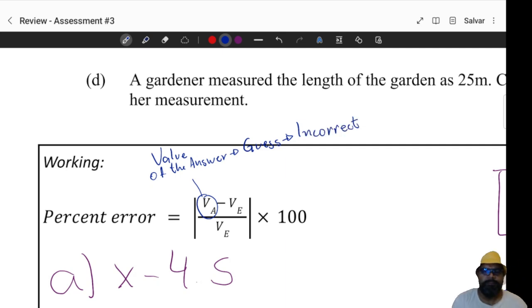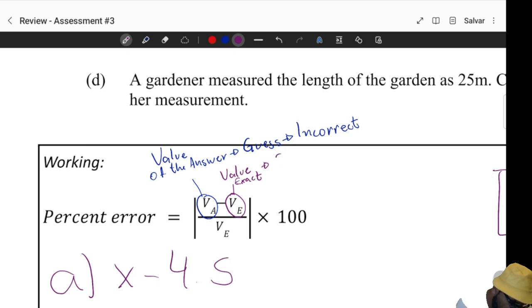VE stands for the exact value. That's what it stands for. This is the final result, the exact result you got, or the correct one.